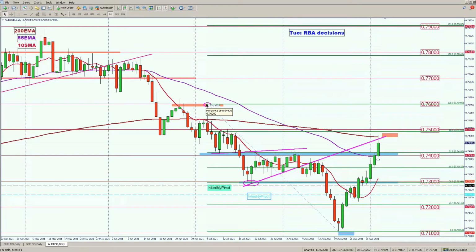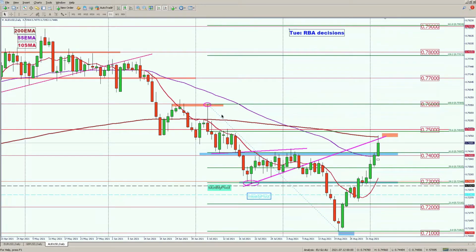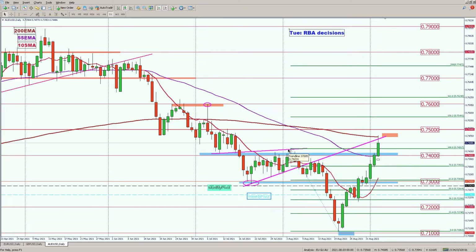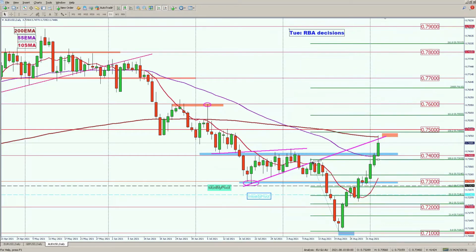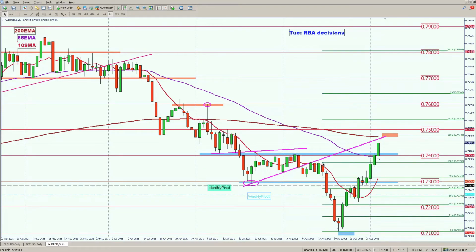We can use the full move to get to the 78.6, but for now this aligns pretty well. From a couple of weeks ago.